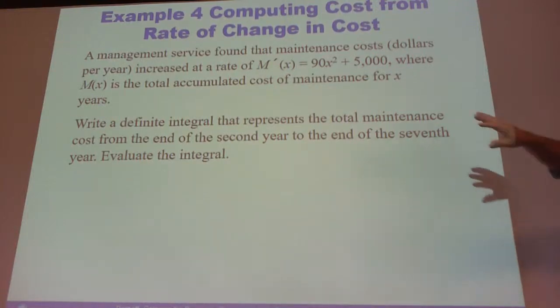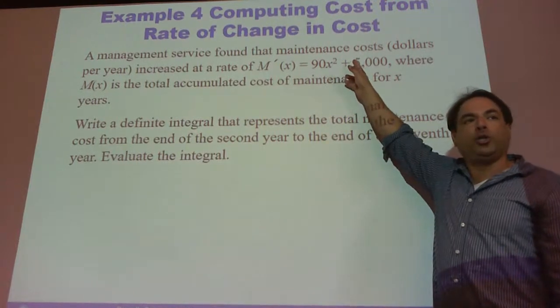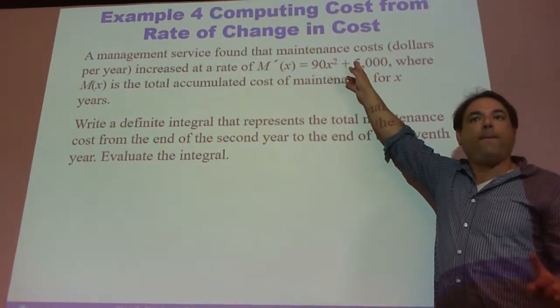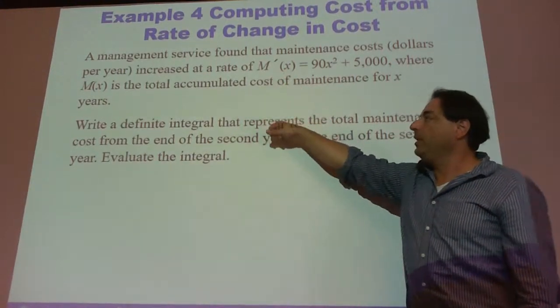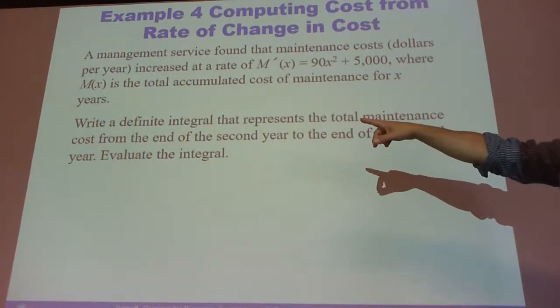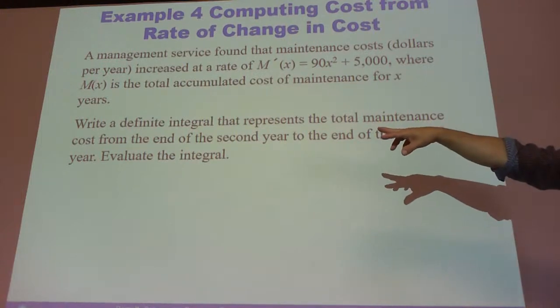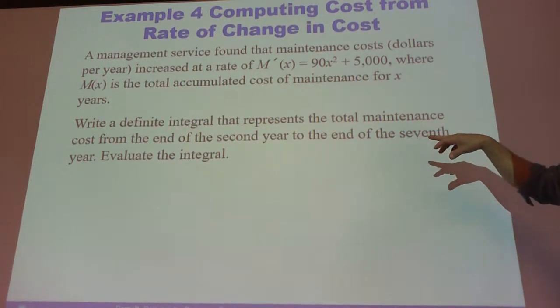First of all, this is cost or marginal cost? Marginal cost. It's a derivative. Are we okay? I want you to write a definite integral that represents the total maintenance cost at the end of the second year to the end of the 7th year.